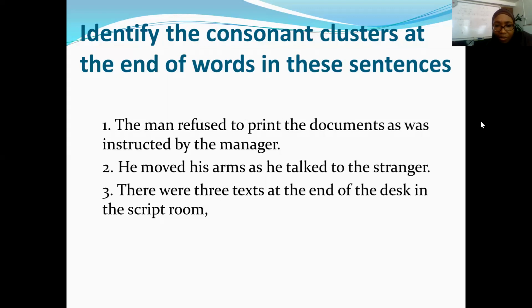Clear now? So take the other two. He moved his hands as he talked to the stranger. You have to consider each word in this sentence and to check if there is a cluster in that word. Clear now?